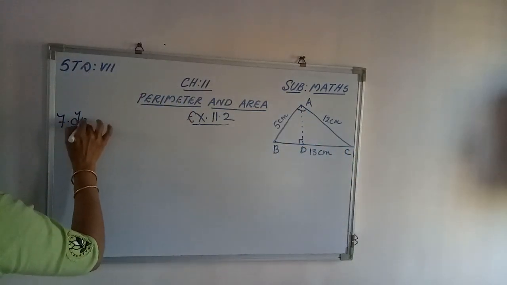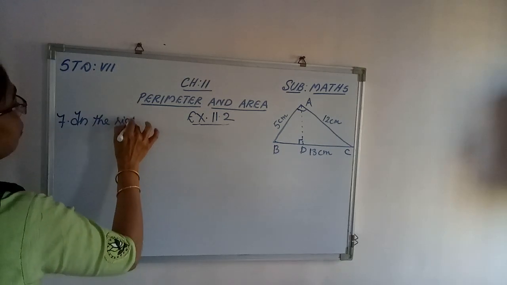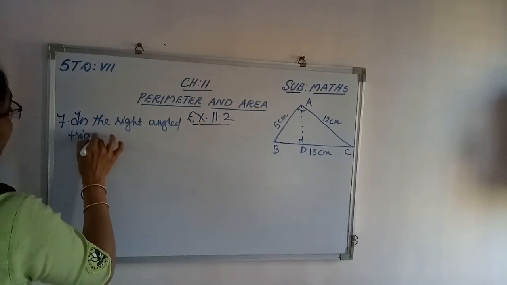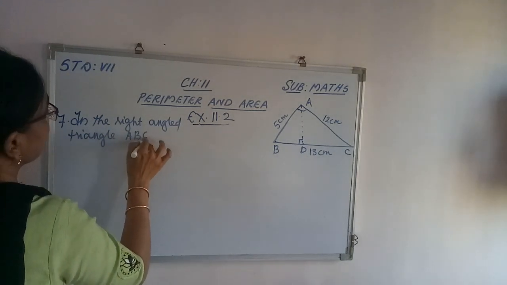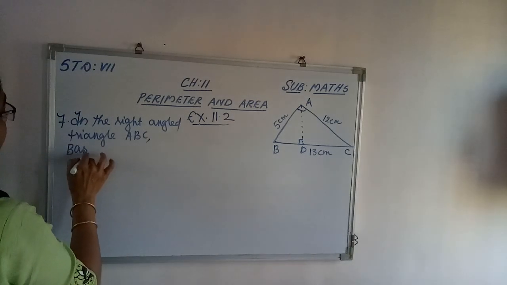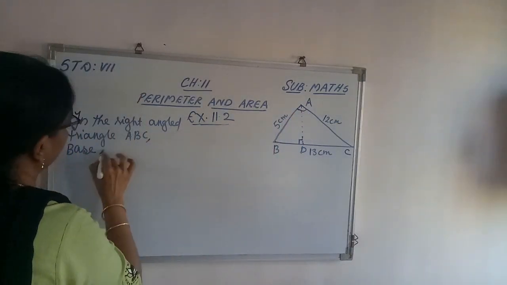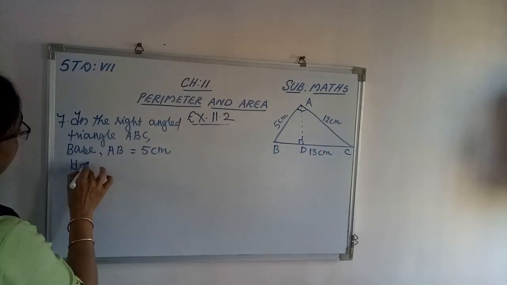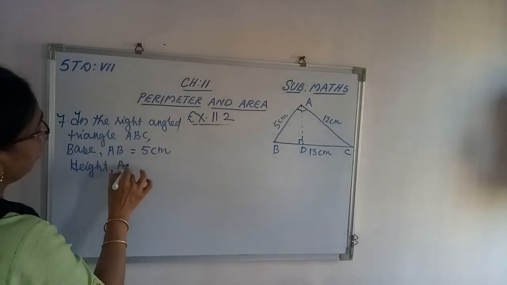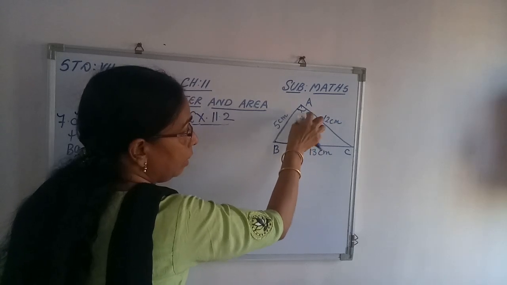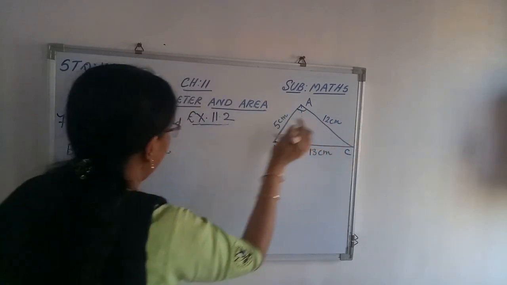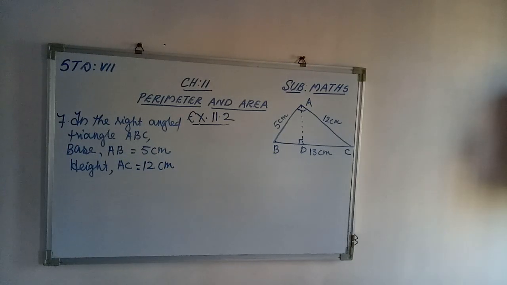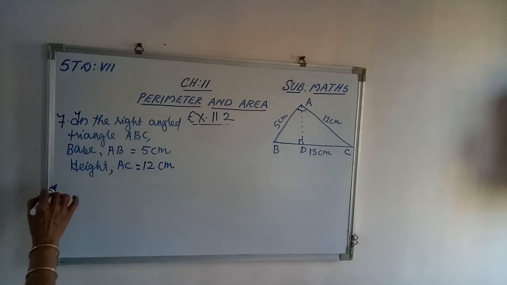So in triangle ABC, base AB is equal to 5 centimeter, height that is AC, because this angle is 90 degree, is 12 centimeter. So as we got the base and height, we can find out the area of triangle ABC.